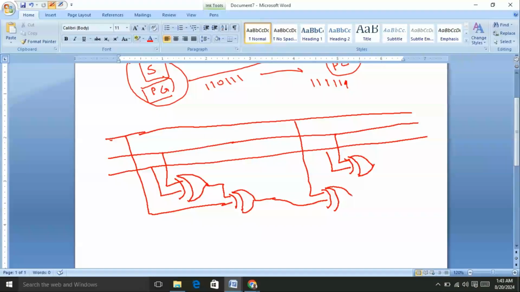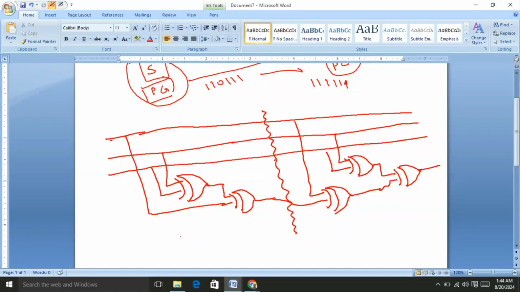These two outputs of exclusive OR gates are again connected to an exclusive OR gate. Please observe that the circuit consists of 5 exclusive OR gates. We bifurcate the circuit into two parts.